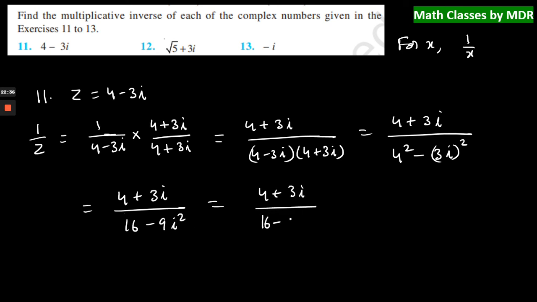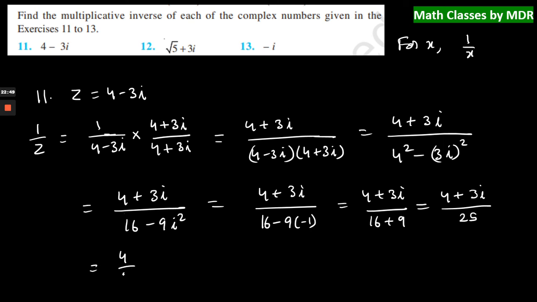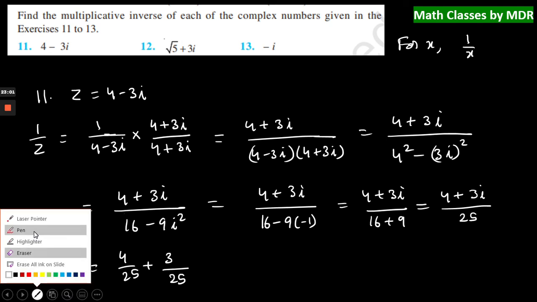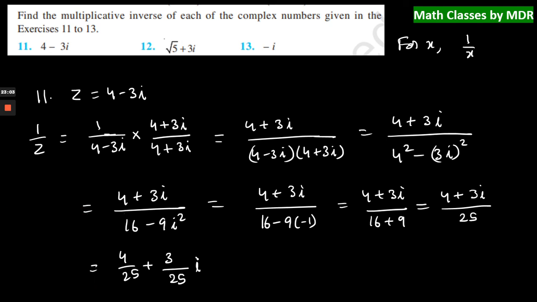So we can write it as 9 into minus 1, which is equal to 4 plus 3i by 16 plus 9, and 4 plus 3i by 25. Further it can be written as 4 by 25 plus 3i by 25. So the multiplicative inverse of 4 minus 3i is 4 by 25 plus 3 by 25 i.